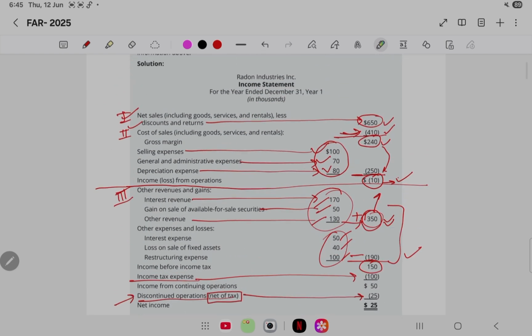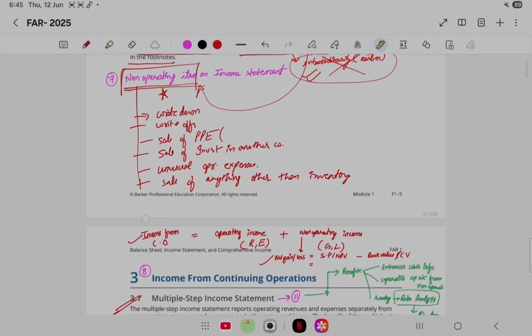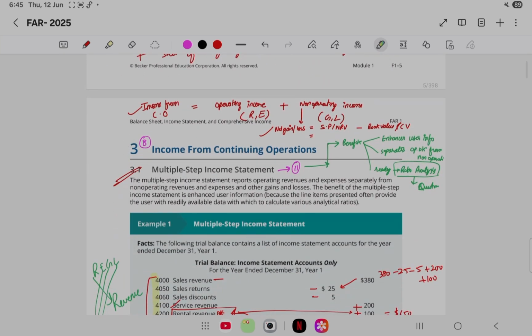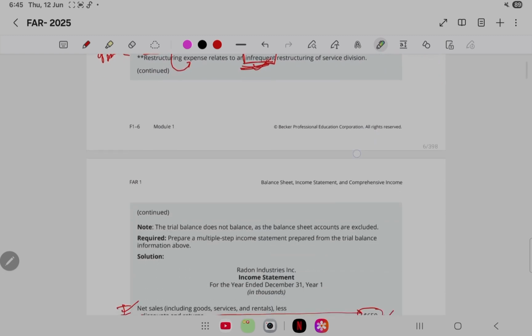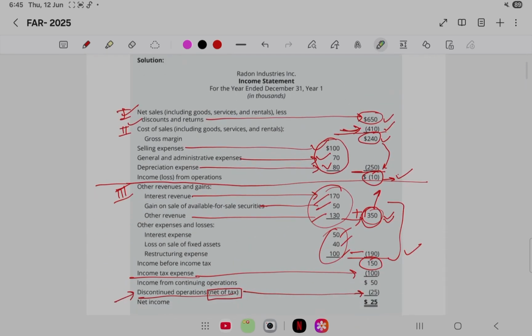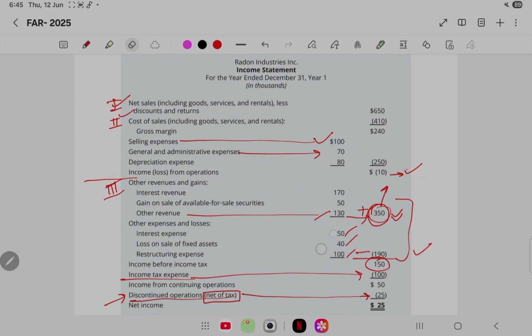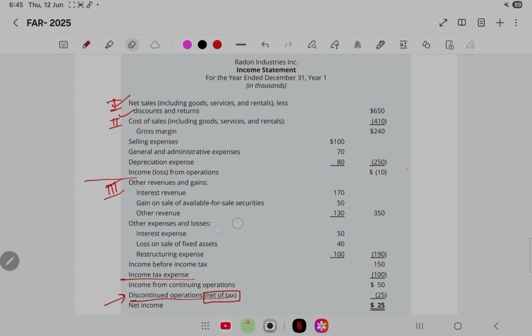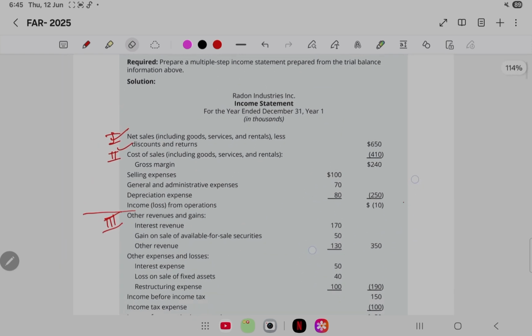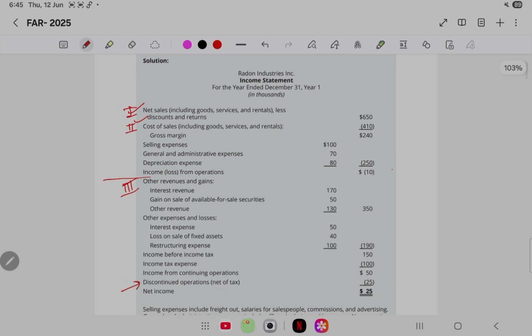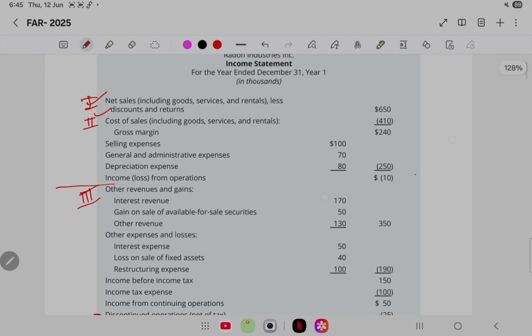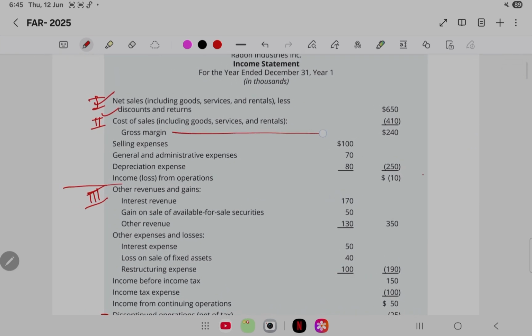Got it? Now, I have told you earlier that we will do the ratio analysis as we get the benefit from the income, right? Multiple step income statement. So, what does that mean? Let me make you understand. If we do the ratio analysis on this question, we will do gross margin.